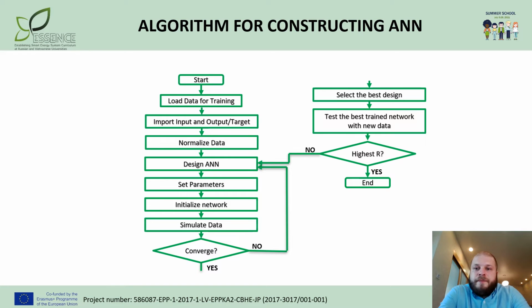If it has converged, then we select the best design and test the best trained network with new data. If we are able to get the highest quality metrics, the algorithm terminates. If we aren't able to do it, we come back to the design of the artificial neural network, setting new parameters, initializing the network again, and simulating the dataset.